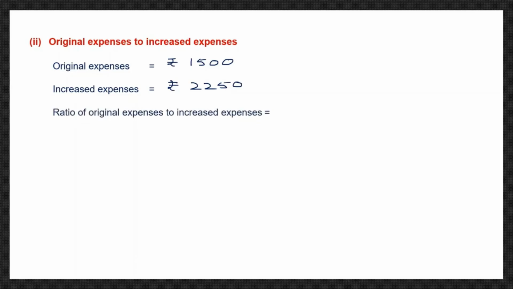Now we need to find the ratio of the original expense to the increased expense. So let's write that the original expense is rupees 1,500 and the increased one is rupees 2,250. Now let's find the ratio in the simplified form.